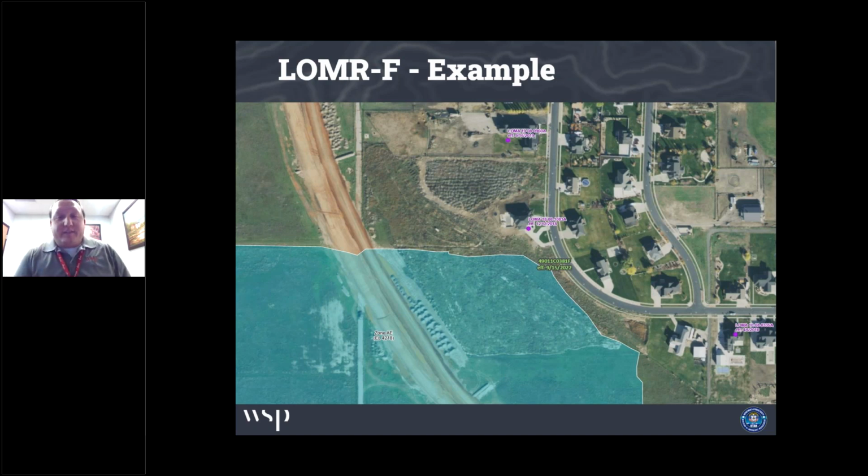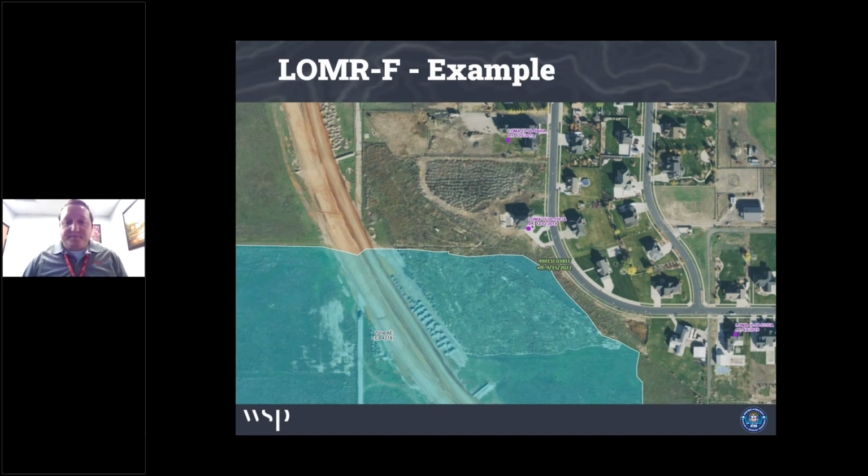Since all of these LOMAR Fs were approved, the mapping was updated, and now it reflects what was shown in the LOMAR Fs, that this subdivision actually brought in fill material and brought the entire subdivision out of the flood hazard area. And so based on the fact that we know fill material was brought in, we're not going to do a LOMA, we're going to do a LOMAR F because it's based on fill.